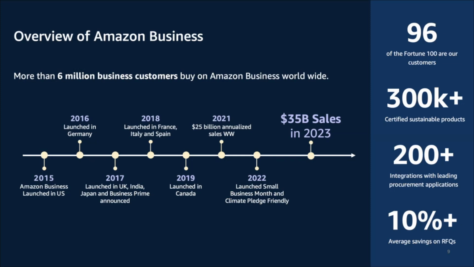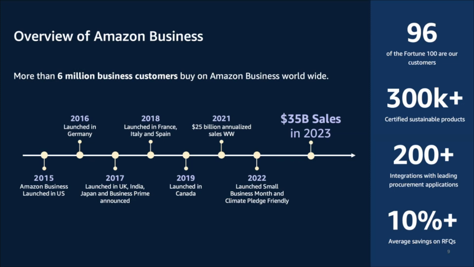We work with all kinds of customers, from small businesses to large enterprise customers. We work with 6 million customers worldwide and 96 of Fortune 100 companies. And we're present in 9 different marketplaces. So through that, we cover all of North America and most of Europe, as well as India and Japan.